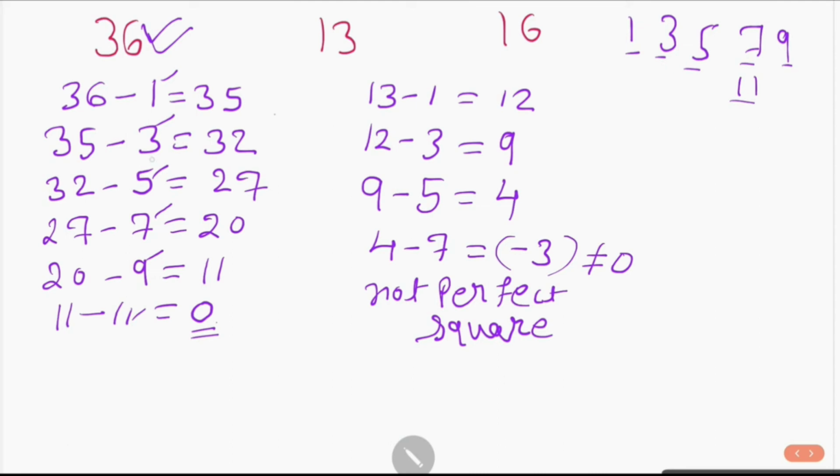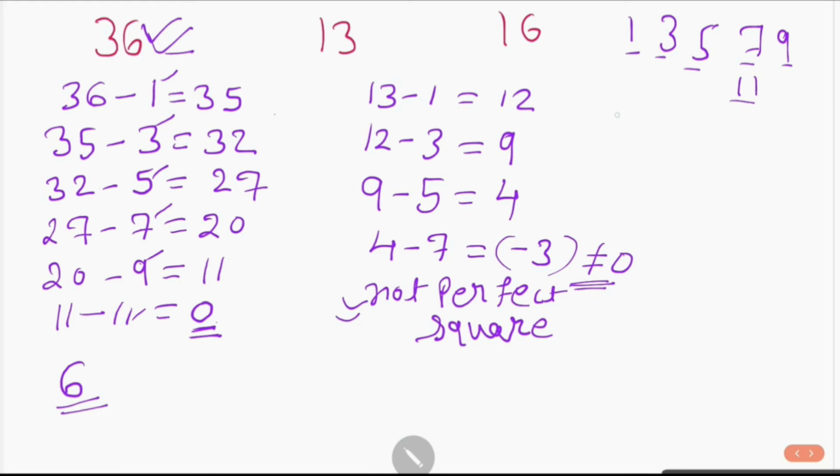How many odd numbers have been subtracted to get 0? 1, 2, 3, 4, 5, 6. 6 odd numbers have been subtracted, and then we get 0. So 36 is a perfect square of the natural number 6. Now for 13 we did not get 0, so it is not a perfect square.